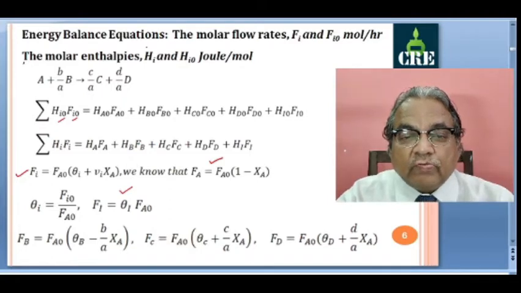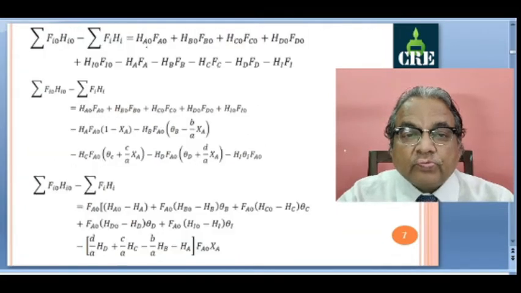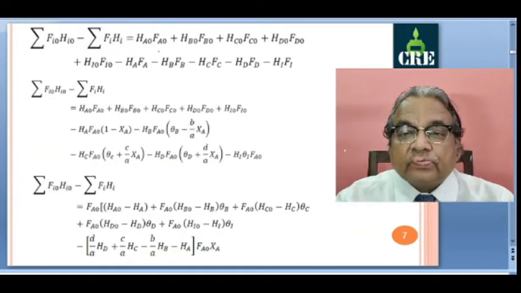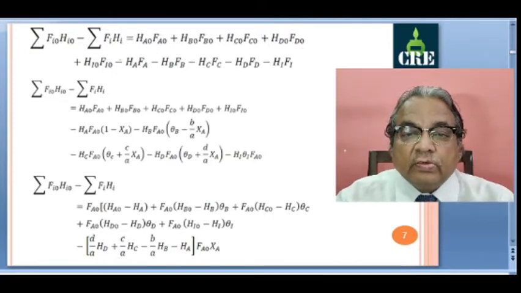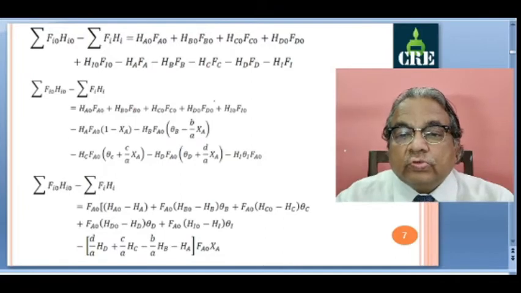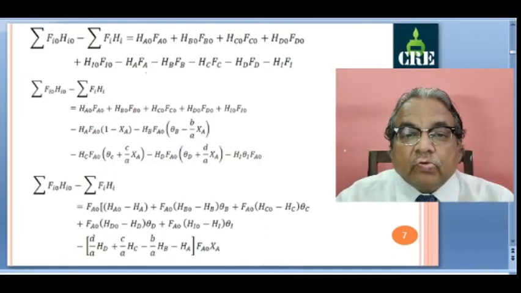So the summation of Hi0 Fi0 and the summation of Hi Fi we know. So if we subtract, all the A, B, C, D and I terms with the plus sign, and all the A, B, C, D and I terms with minus sign for this Fi Hi, so Ha Fa and so on. So I can write now Ha into Fa, Fb, Fc, Fd, and this Fi we can replace by this.